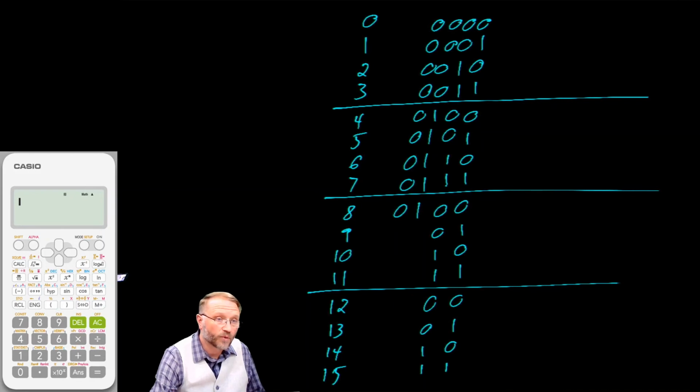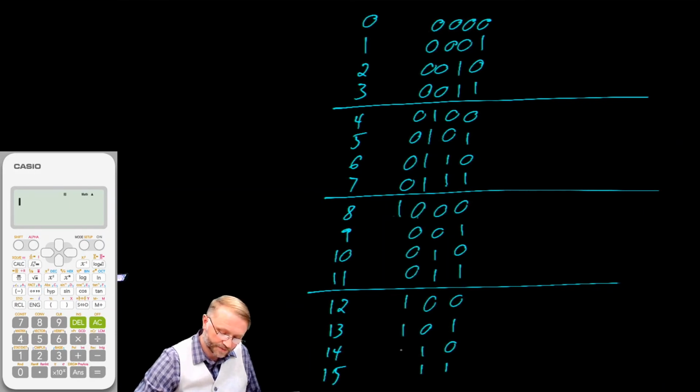In the 4's column, we have 4 zeros, then 4 1's. We're going to have 4 zeros and 4 1's. Back to the 8's. I think you see it here. There's going to be 8 zeros, and then there's going to be 8 1's.